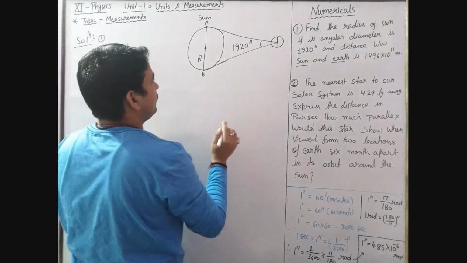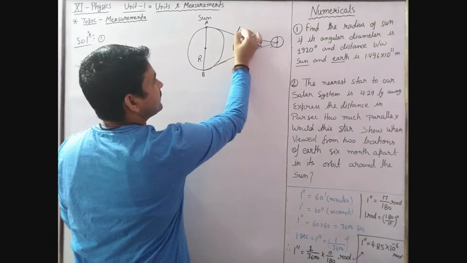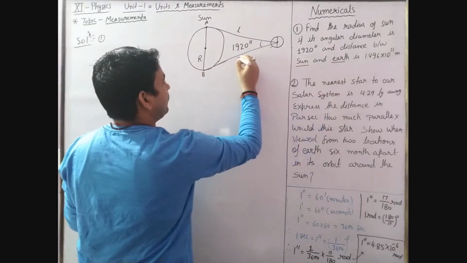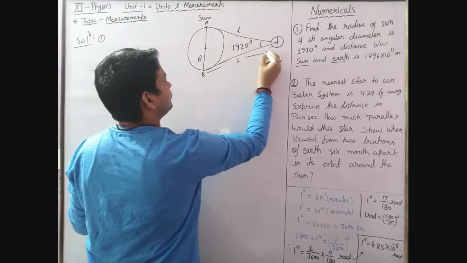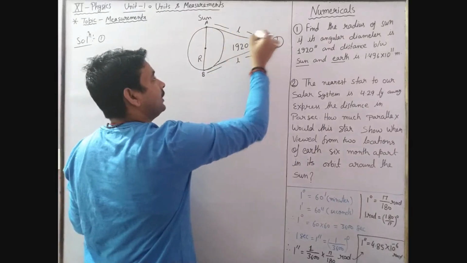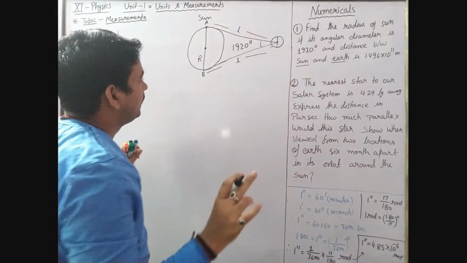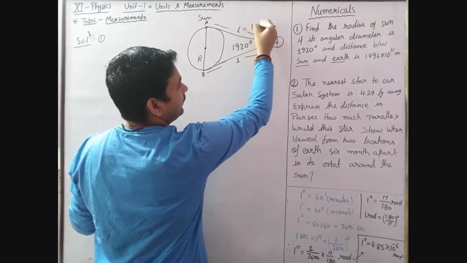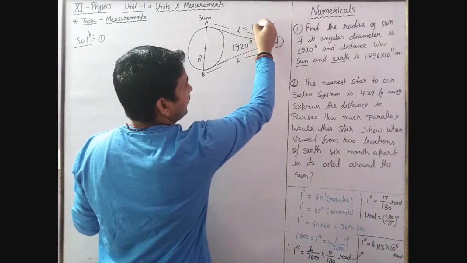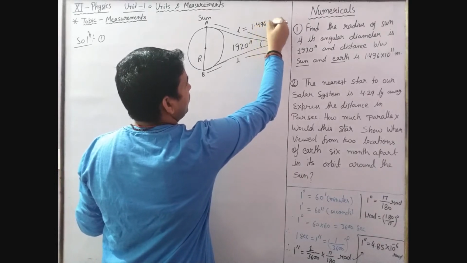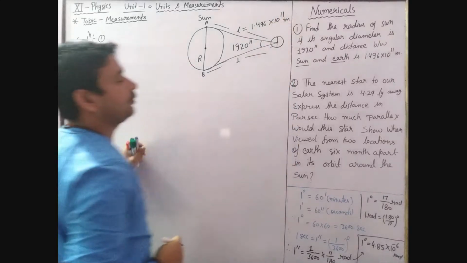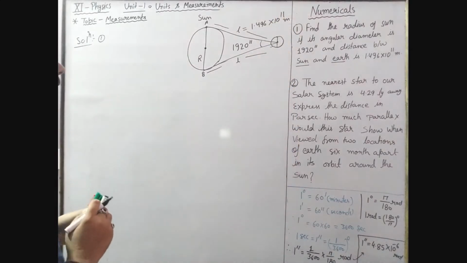Another thing given to us is the distance between sun and earth, as we learned in the parallax method. This distance is given, that is 1.496 into 10 to the power 11 meter.